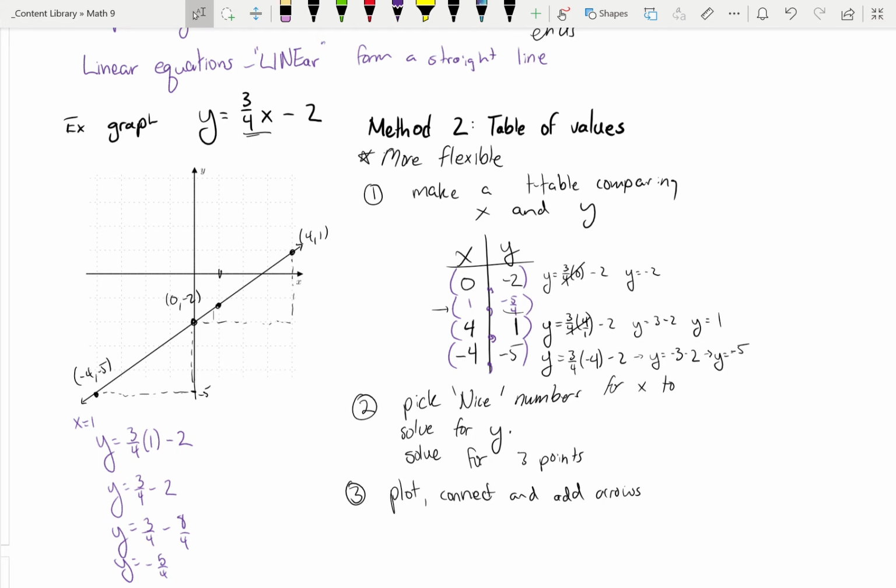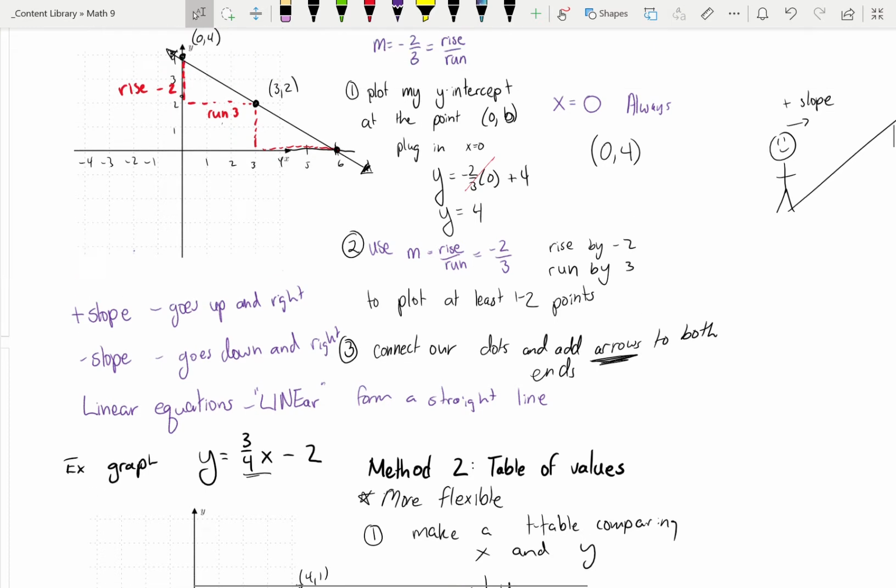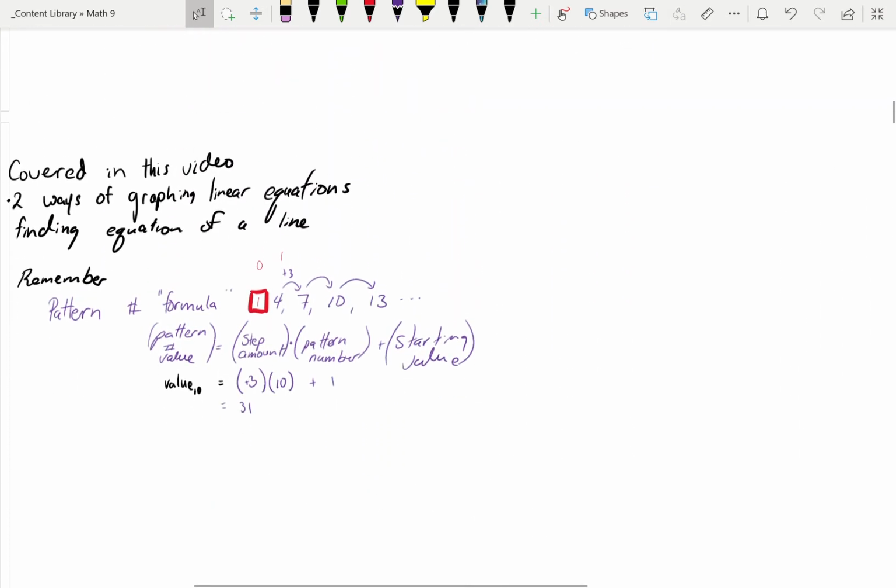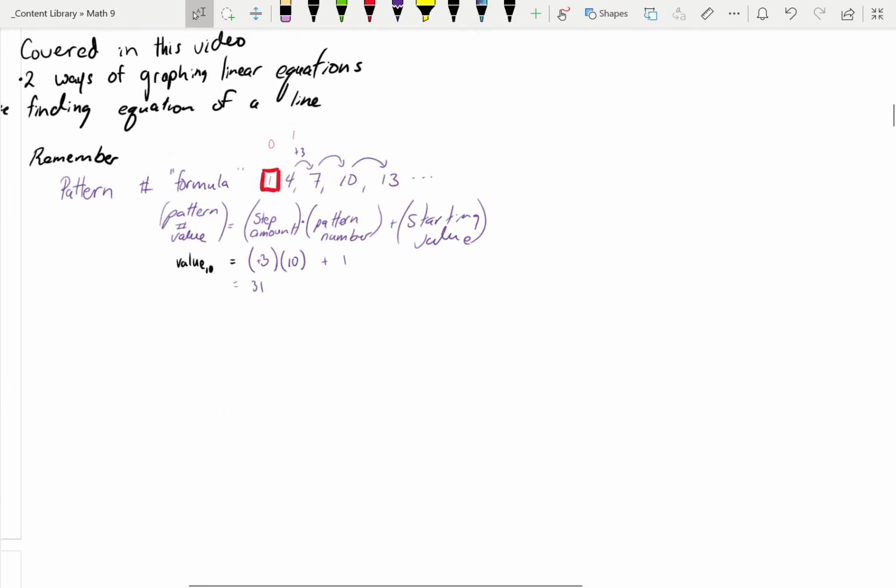The other thing I want you to connect with is let's look back at that equation that we started with. If I think about the step amount, this is the amount our pattern was changing, my starting value. Well, I have something equals a thing multiplying, and then I add something on. If I look at the form y is equal to mx plus b, a couple of things stand out.